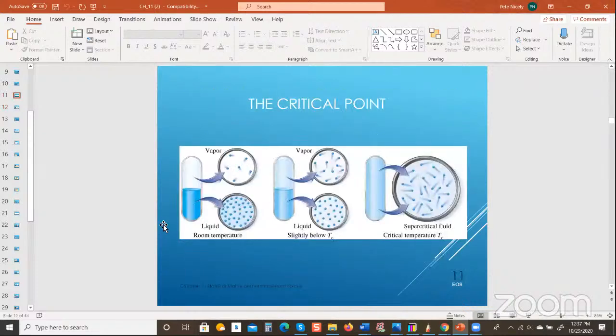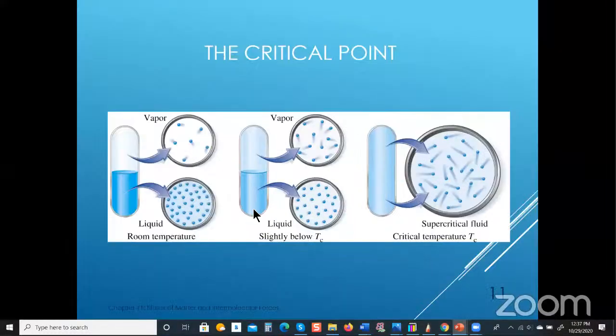Remember, we talked about this setup here, where you have a room temperature liquid, and you have the vapor above the liquid in this capsule. And then as you increase the temperature, the amount of vapor increases. And then when you get to the supercritical fluid point, as you can see here, you cannot tell the difference between the two states.